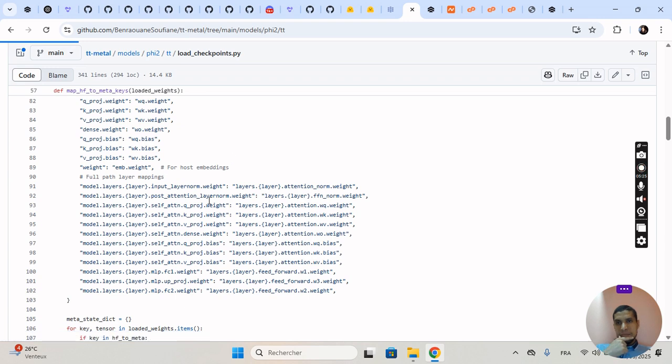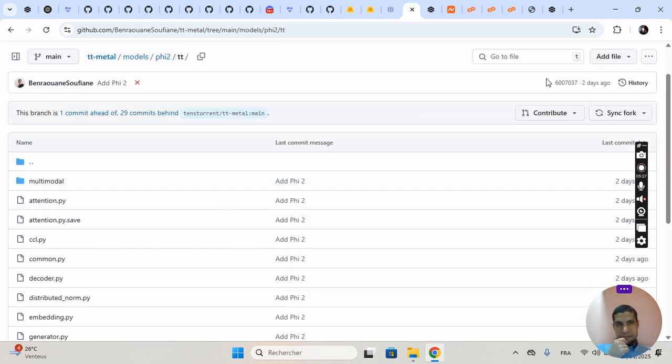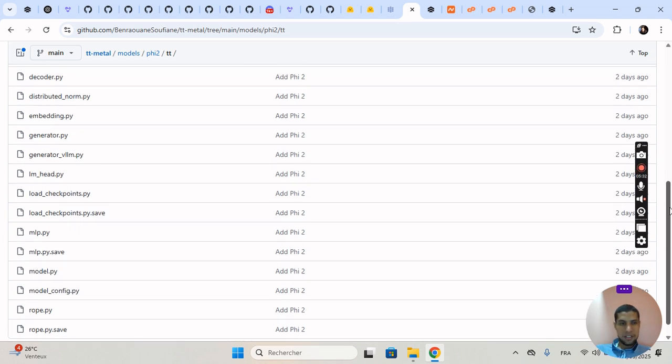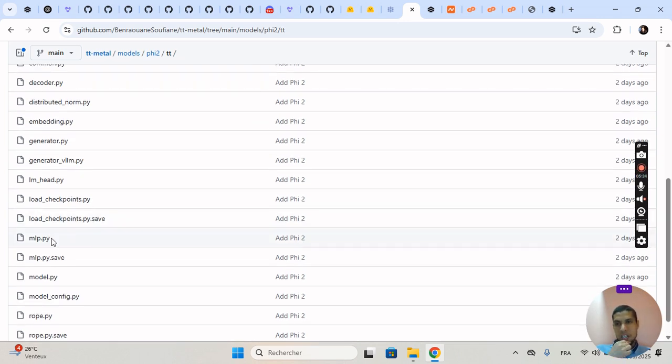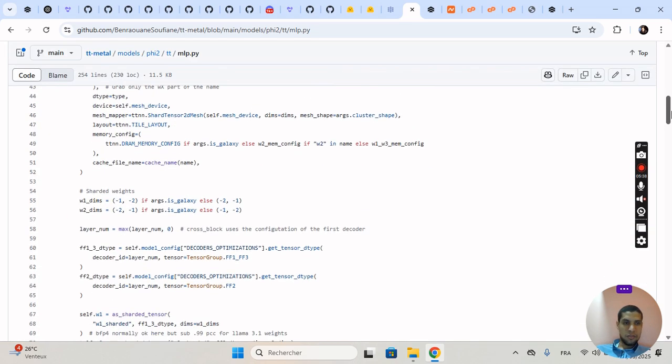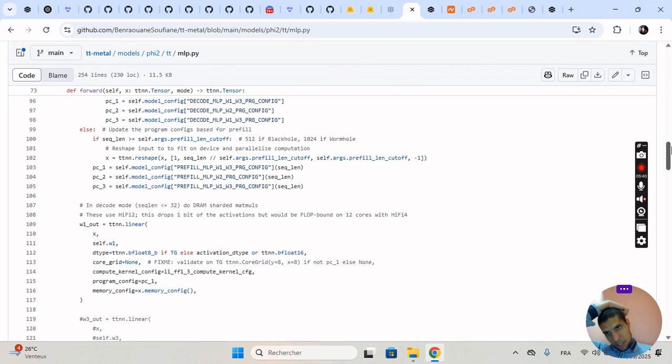Also, I have edited the MLP because it has only two layers. I have updated it to match the existing parameters.